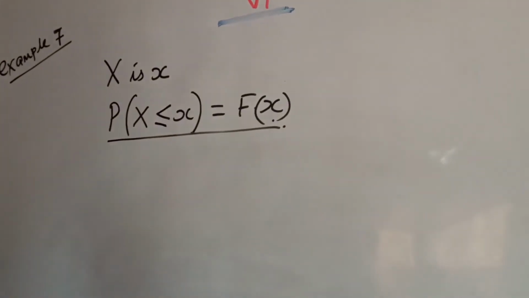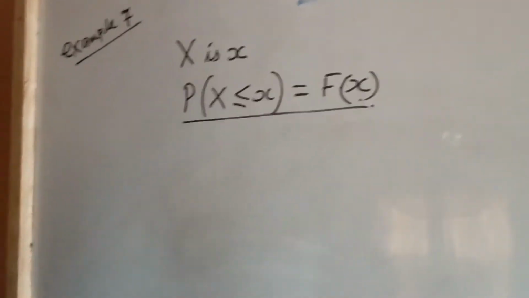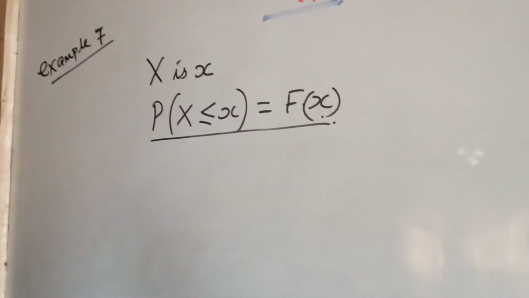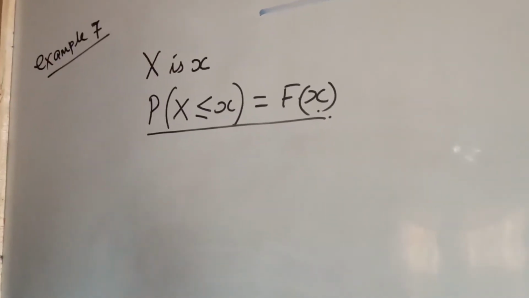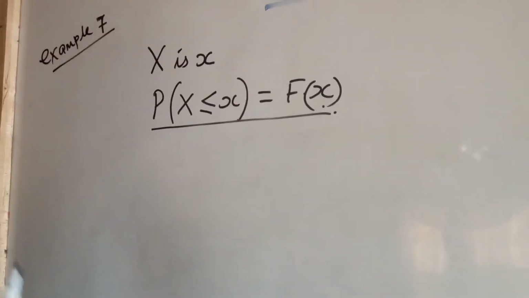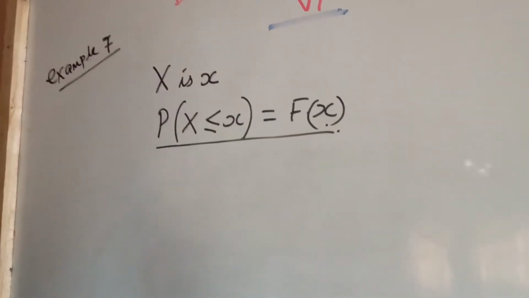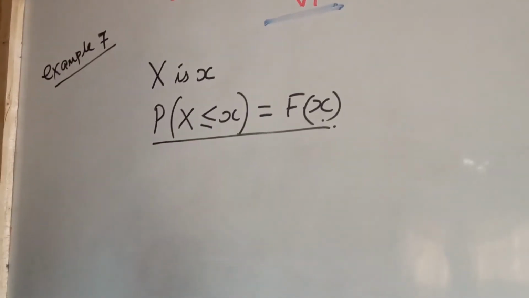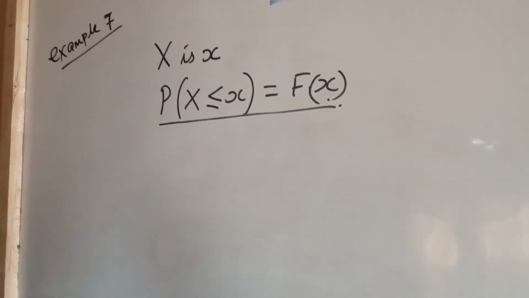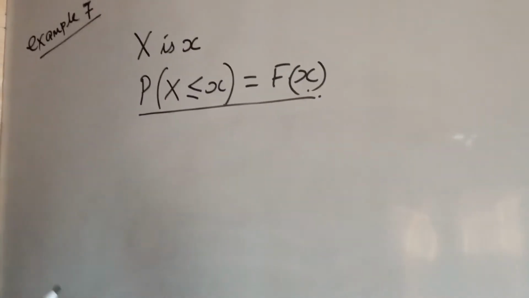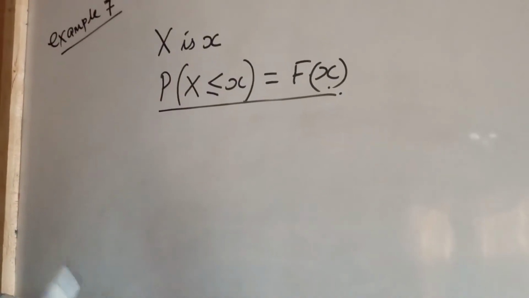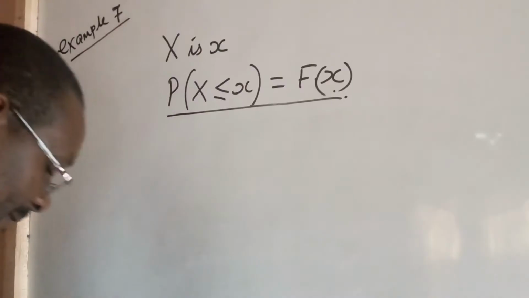This will be explained in example 7 on page 157, which says, two fair coins are tossed, and capital X is the number of heads showing on the two coins. Draw up a table to show the cumulative distribution function for X.